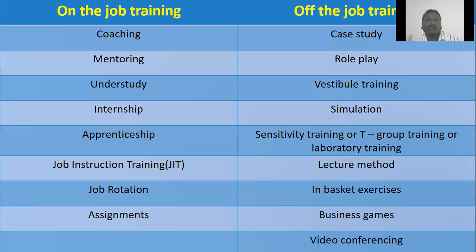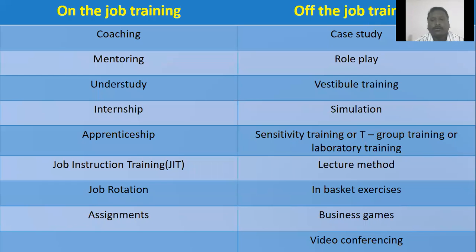Another technique, under the off the job methods, is video conferencing. Video conferencing is a type of method where the trainees and trainer are geographically separated. Video conferencing technique allows the trainees to share their views and knowledge virtually, and it reduces the geographical distance among the different trainees.